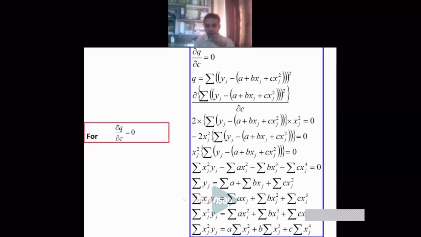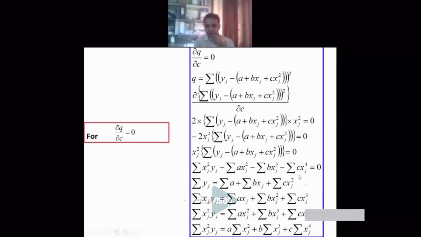Now you expand this equation. You get xj squared into yj, minus a xj squared, xj squared into minus b xj, that is xj cubed, xj squared into c xj squared, you get x raised to 4. So now you have the first equation written earlier, the second equation, and this is the third equation.